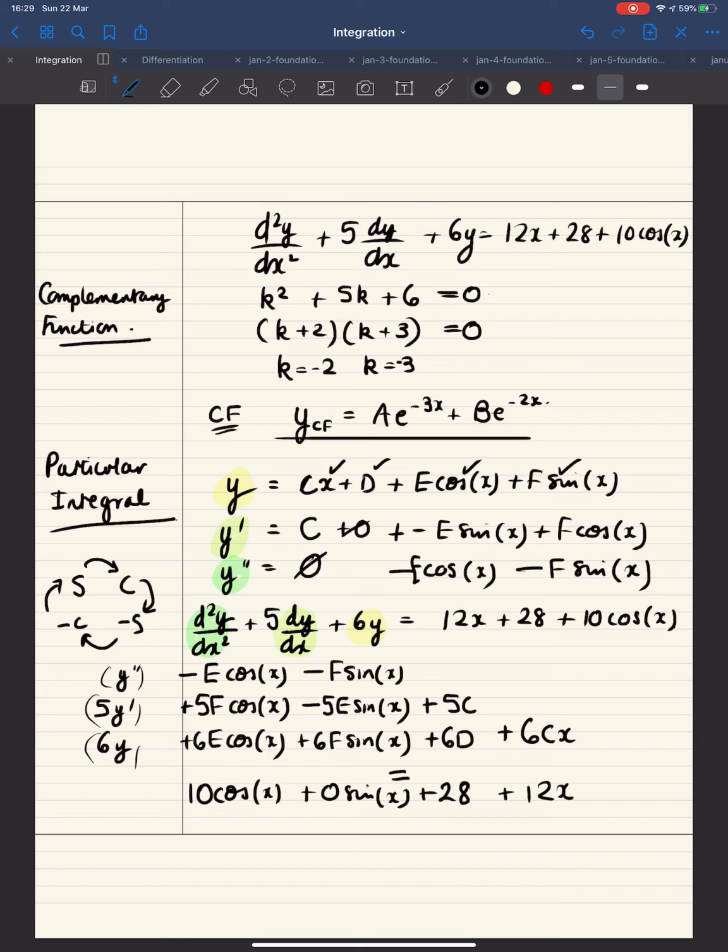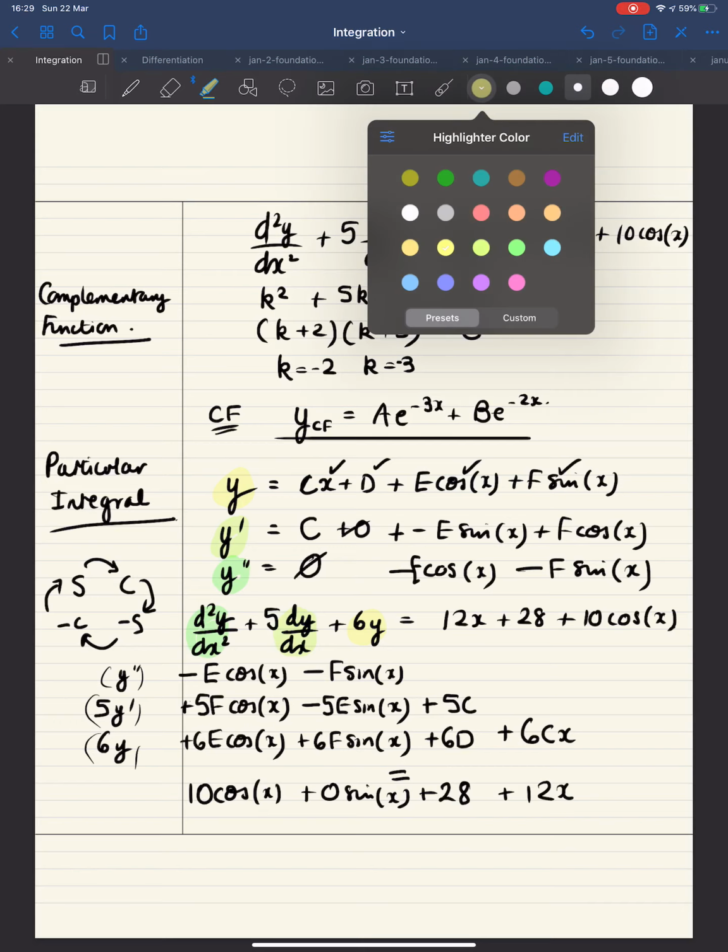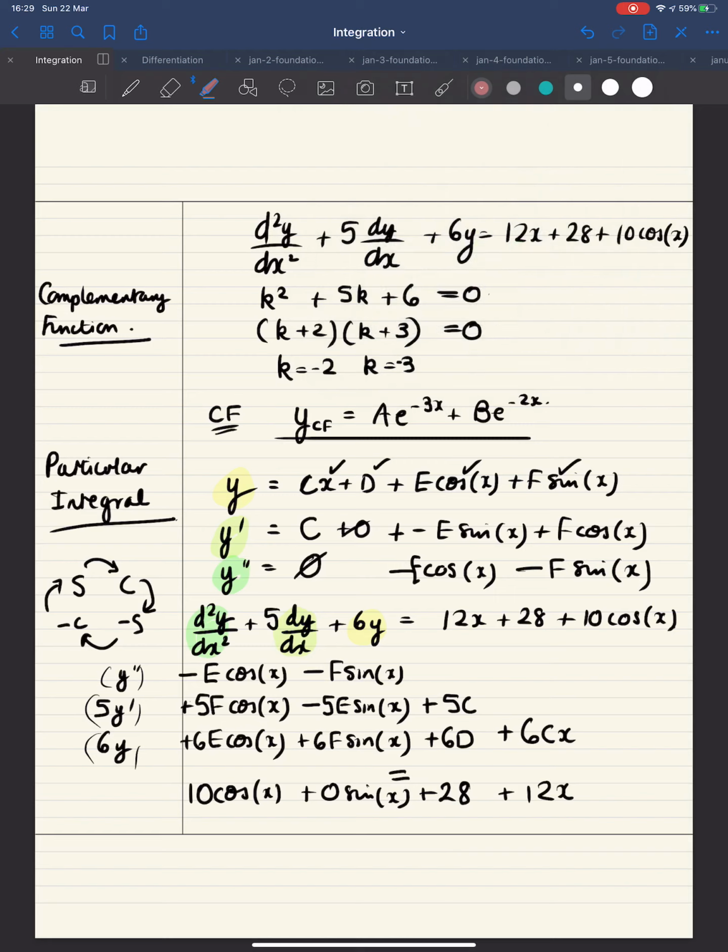Okay, right, this one looks quite useful to start with. Let's go for a peachy colour. That one and that one. Straight away, looking at those two, that's going to give us c is 2. Okay, which is good.